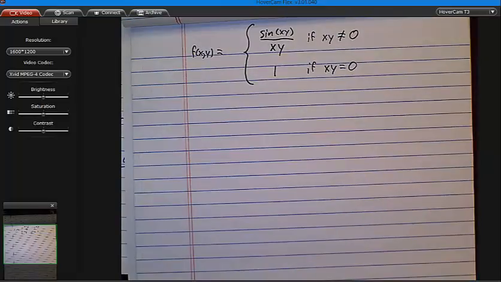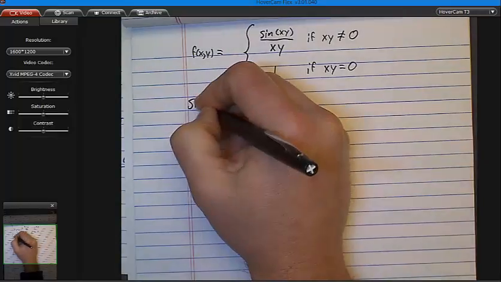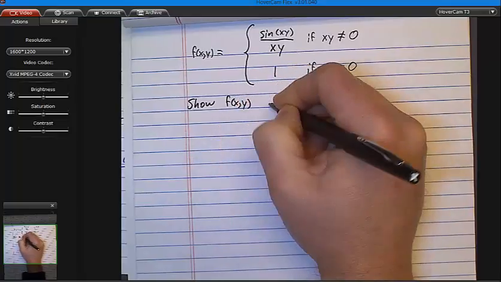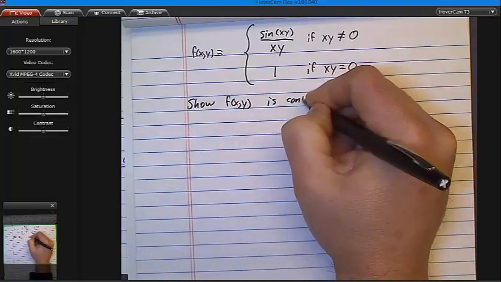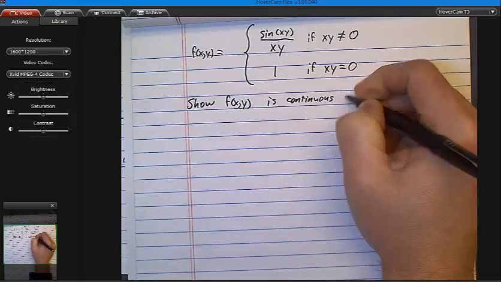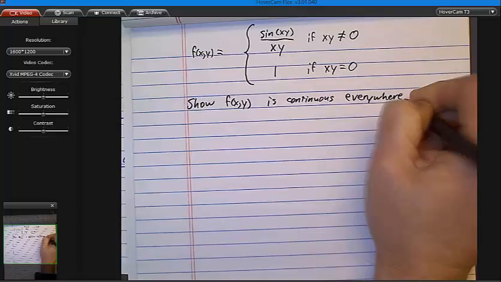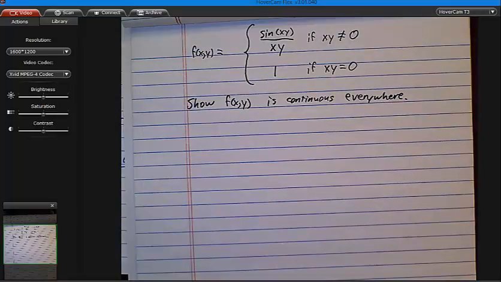So look at this function. The exercise is to show that f of x, y is continuous everywhere. Well, almost every function you guys can think of is continuous.